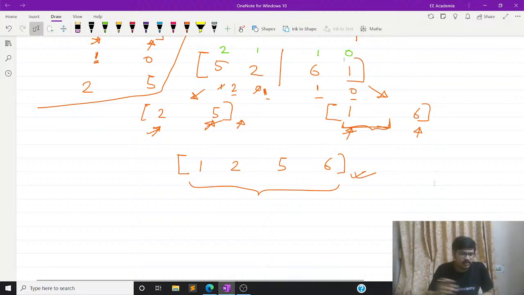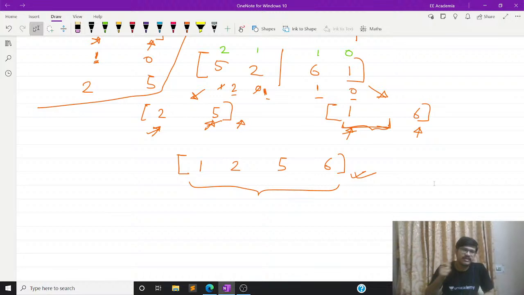So is there some doubt? Anyone, any doubt? Write in chat, or if you have understood what I am trying to say, just write yes, understood. Or if there's some doubt, you can write also in the chat. Then what I will do is I will show you the pseudo code, how easy it is, how we can easily modify the merge procedure of the merge sort algorithm, and this will become easier for us.